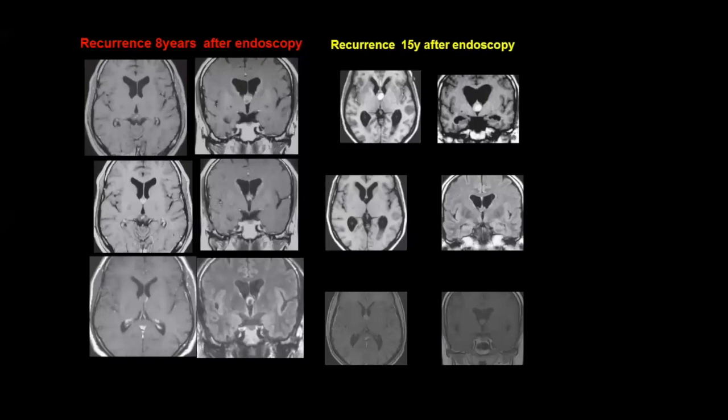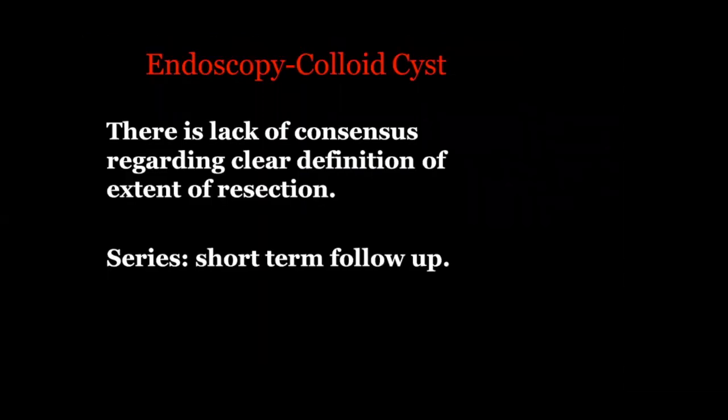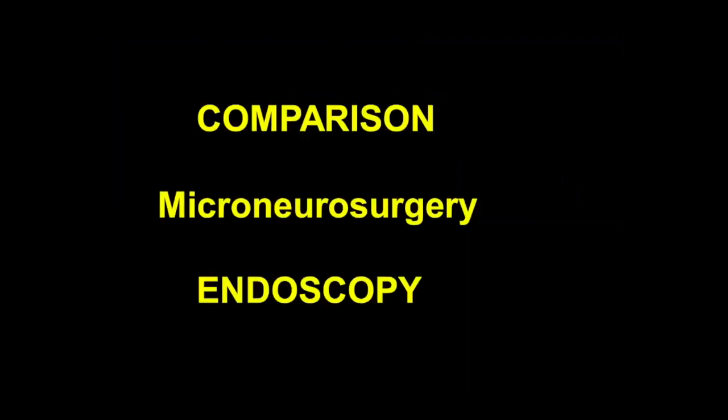That's Gapp. So in endoscopy, not like the microneurosurgery series, endoscopy is less in numbers, they don't have long-term follow-ups, and they cannot define what is the extent of resection. There is no consensus of opinion. So let's try to see whether anybody compared microneurosurgery and endoscopy.